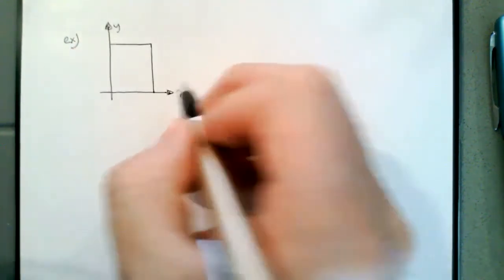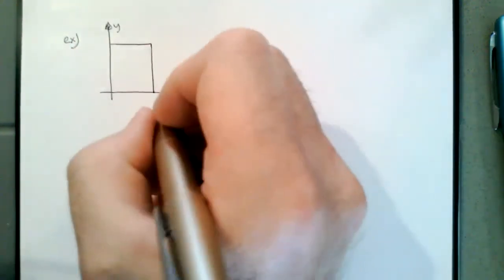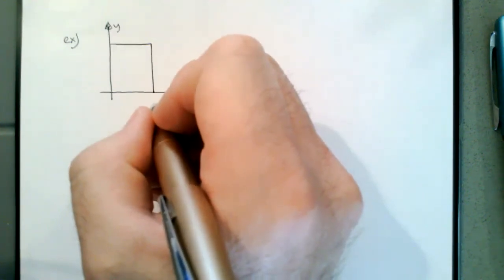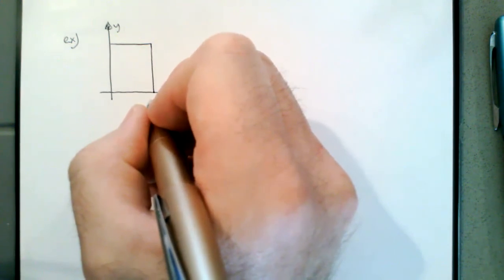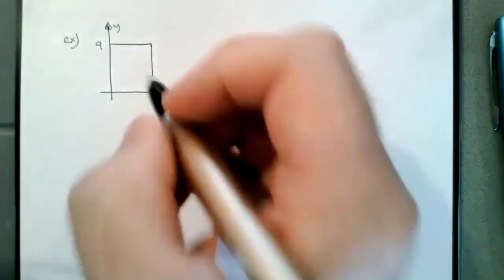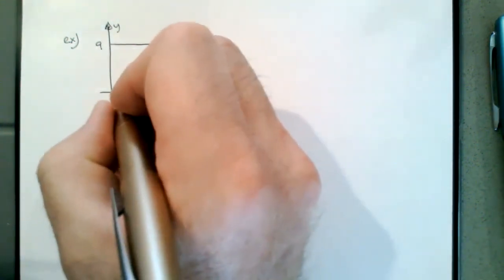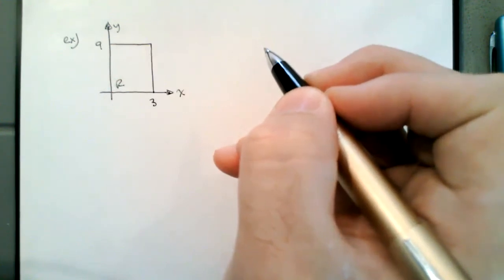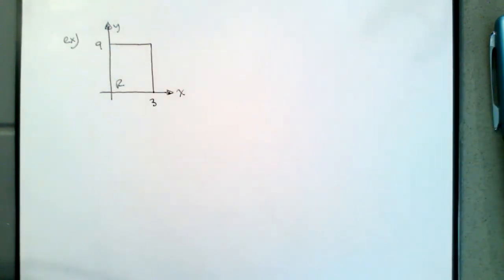I didn't want everything to just start off at zeros last time, but this one is going to be just zeros. Over here, we're going to end at, let's say, 3, and 3 squared is 9. And here's our region. So we want to describe this region with a double integral.